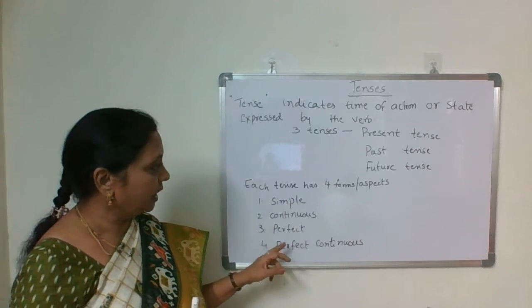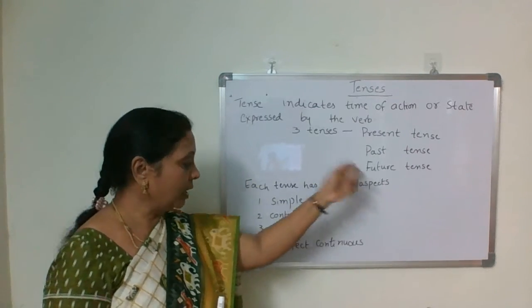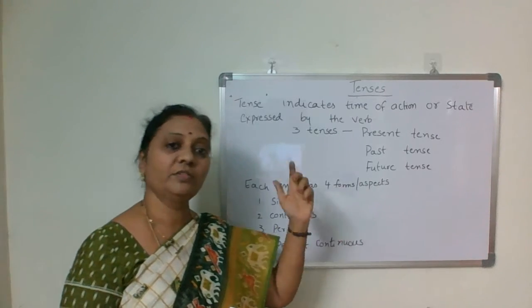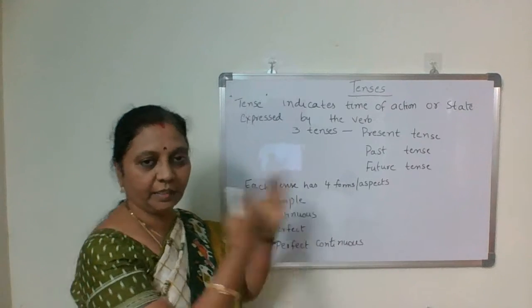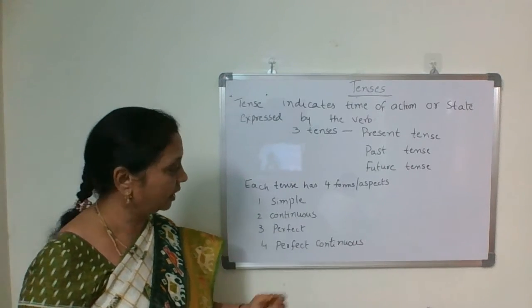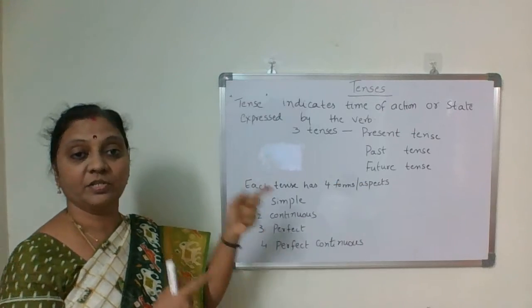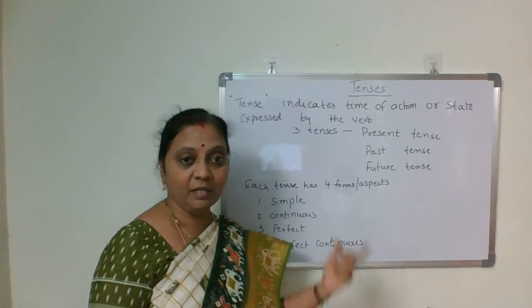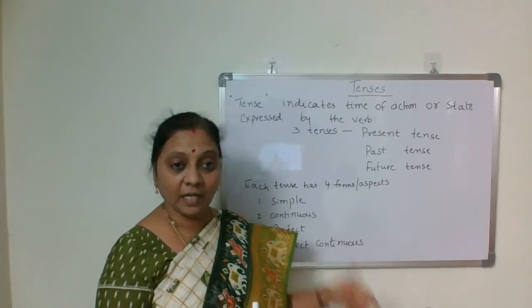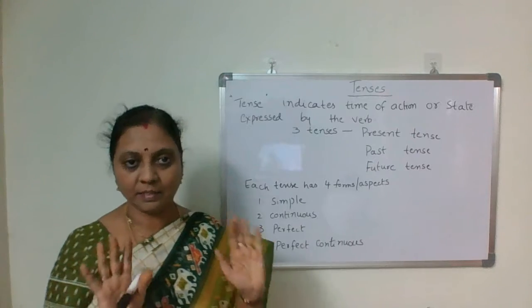Then past perfect tense, seventh, and past perfect continuous tense, eighth. Similarly, coming to future: simple future tense, future continuous tense, future perfect tense, and finally future perfect continuous tense. So a total of 12 tenses are there.